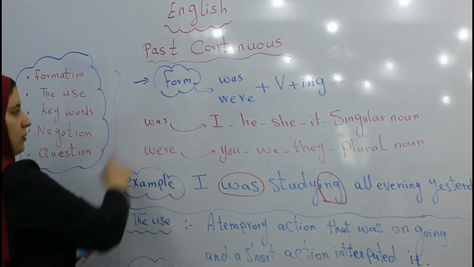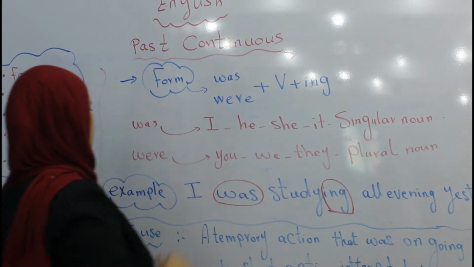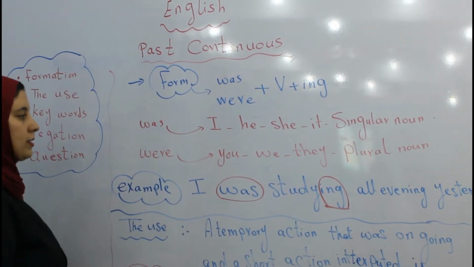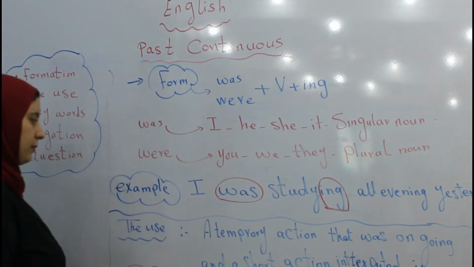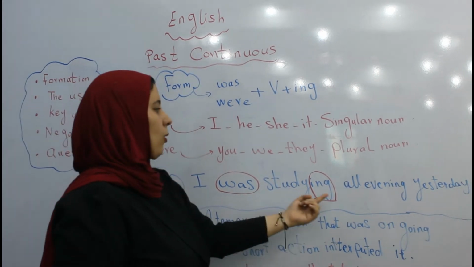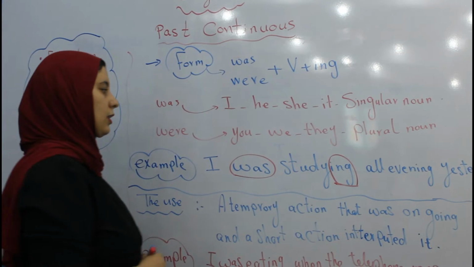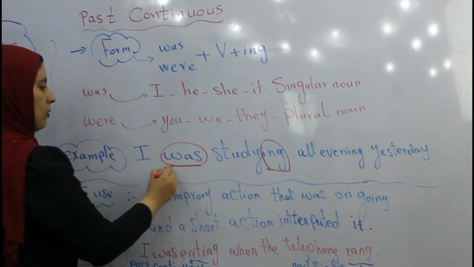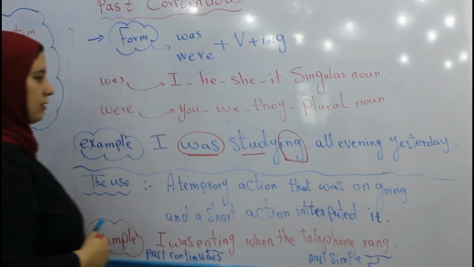Again, was with I, he, she, it, and a singular noun. Were with you, we, they, and a plural noun. For example, I was studying all the evening yesterday. Here we have was plus verb plus ing.